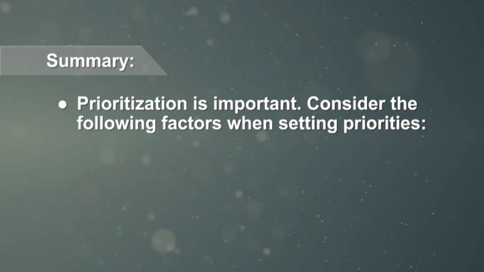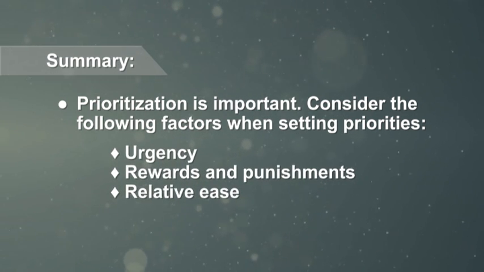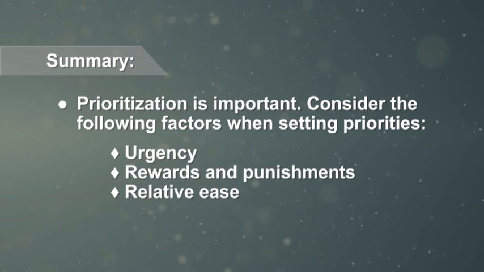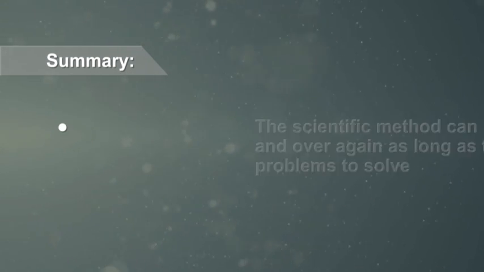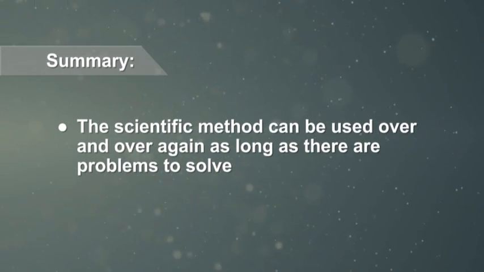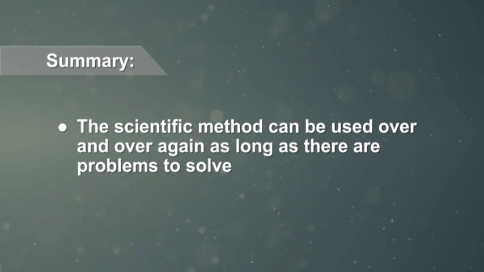Prioritization is important. Consider the following factors when setting priorities: urgency, rewards and punishments, and relative ease. The scientific method can be used over and over again as long as there are problems to solve.